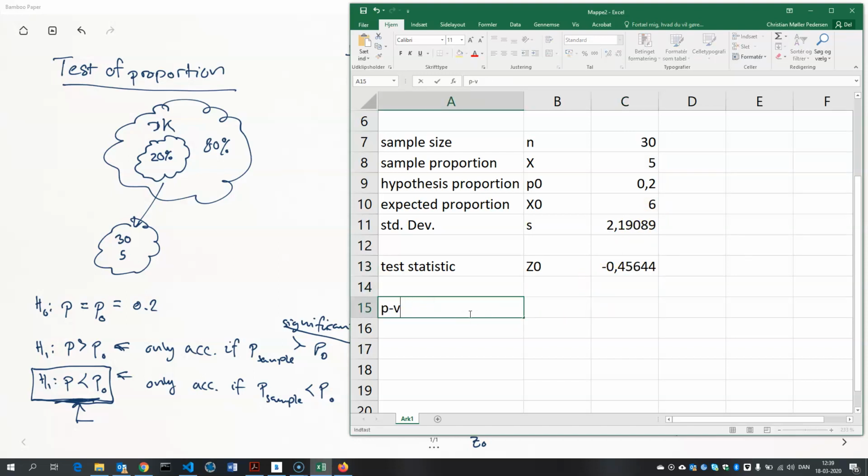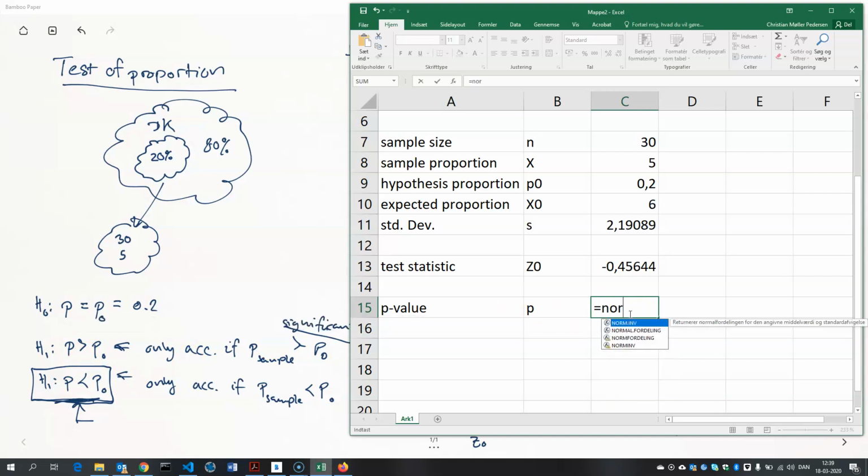And the p-value is then, and we're doing a left tail test, so we just need the cumulative normal distribution. So I'll write norm. In Danish, that's normalfordeling. In English, it would be normal dist, I believe, something like that.